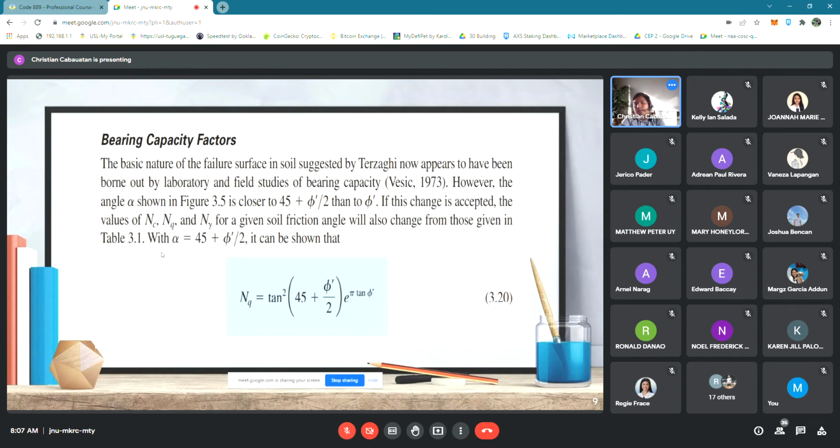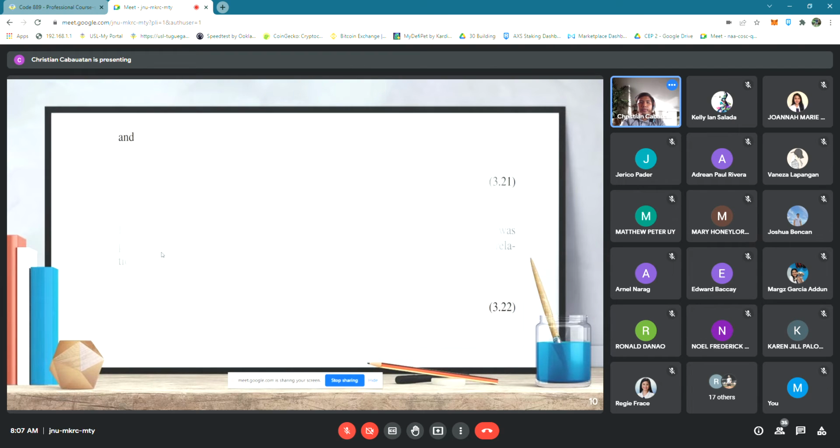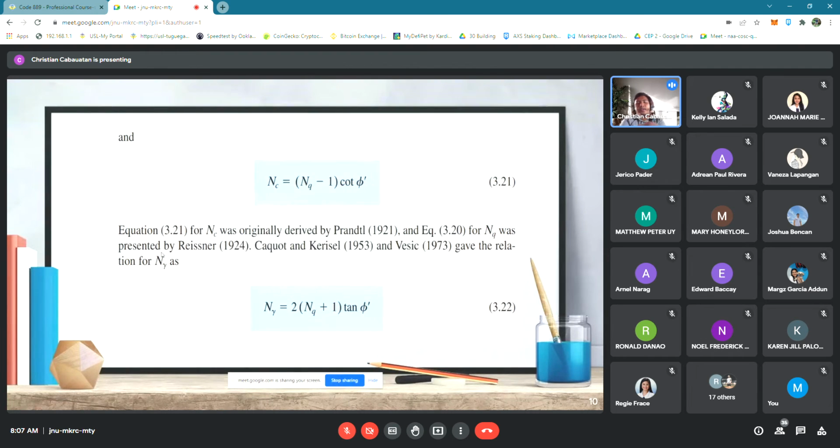Okay? And for Nc, it is equal to Nq minus 1 times cotangent phi. And for N gamma, it is equal to 2 times Nq plus 1 times tan phi. Okay?